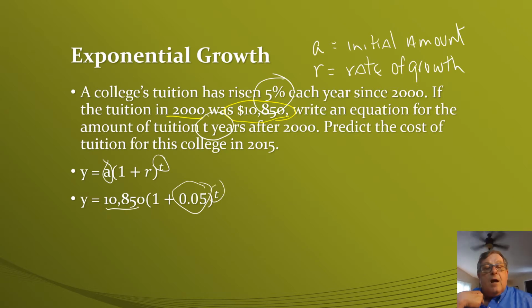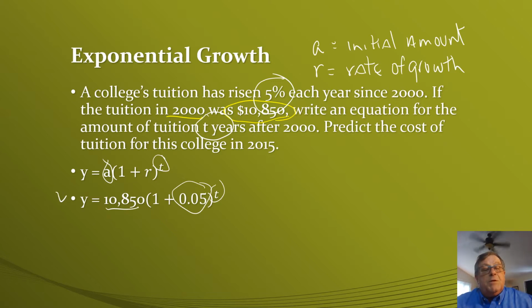So here is our initial growth function: 10,850 times 1 plus 0.05, our rate, raised to the power of t, the number of years since 2000. Okay, we've done this first part. We've written the equation. There it is.